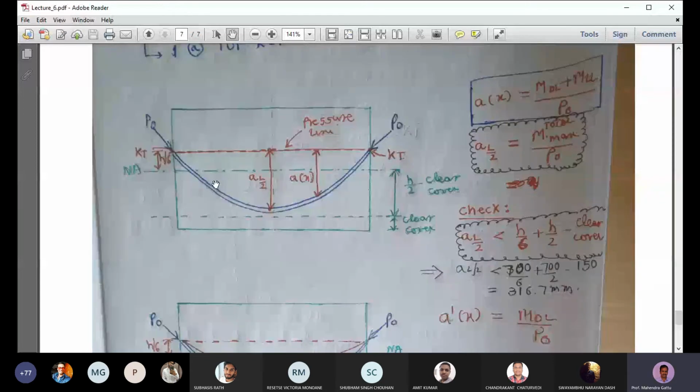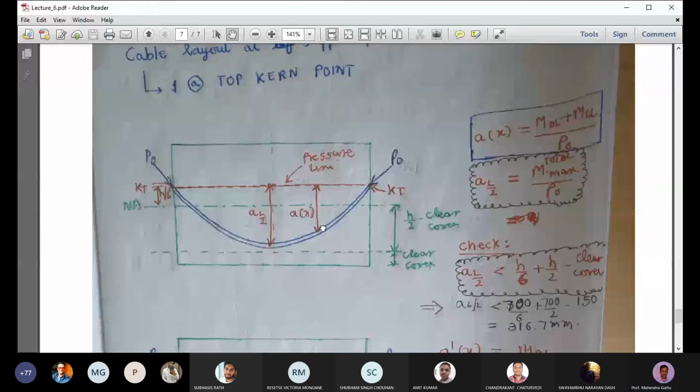Now we are laying out the cable line here, and under the action of dead load and live load, we want to provide a pre-stressing force such that the pressure line is this one. Okay, we want this line to be the pressure line. So we get a of x equal to M dead load plus M live load by P naught.